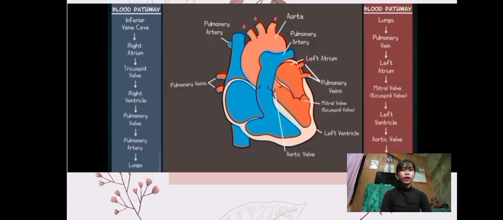Aorta is a major artery that carries oxygenated blood throughout the body. Since the oxygenated blood has already been released, the process will repeat as it cycles through the circulatory system.